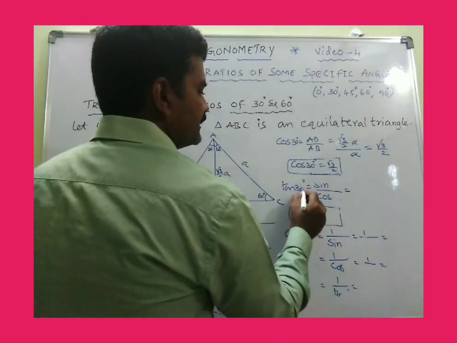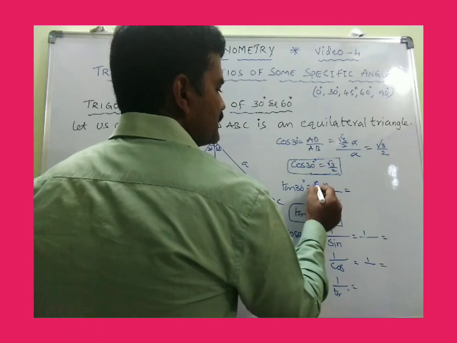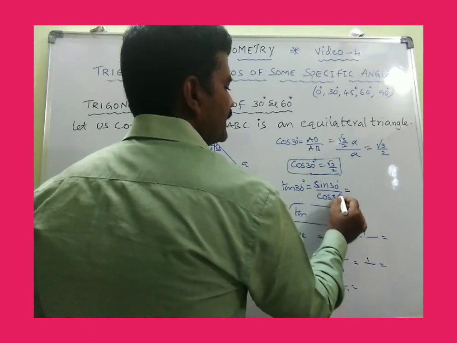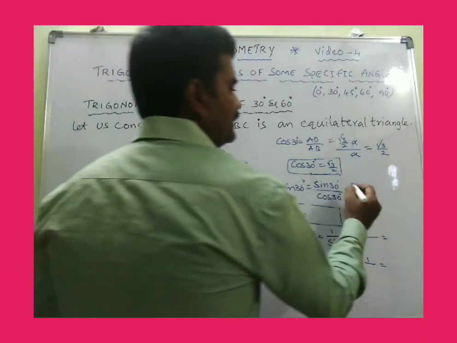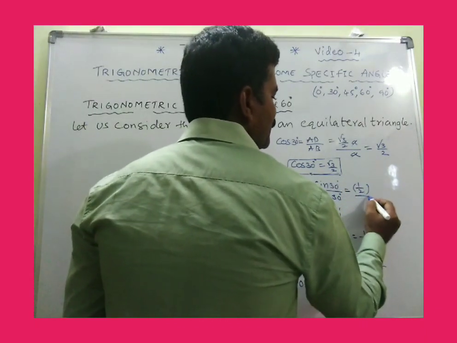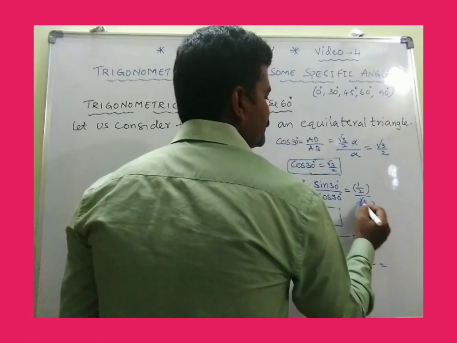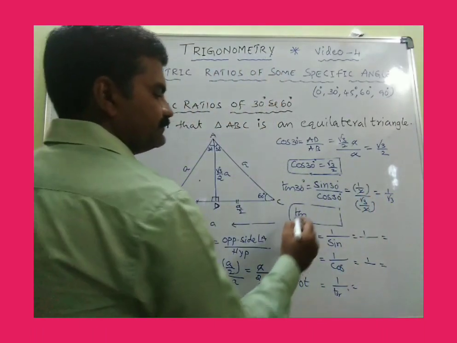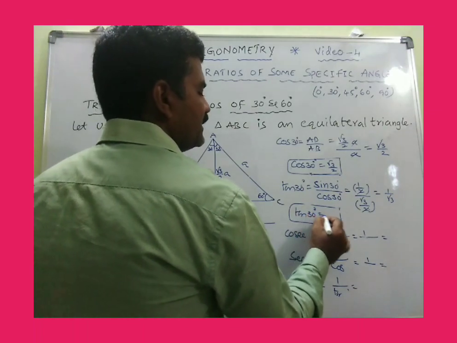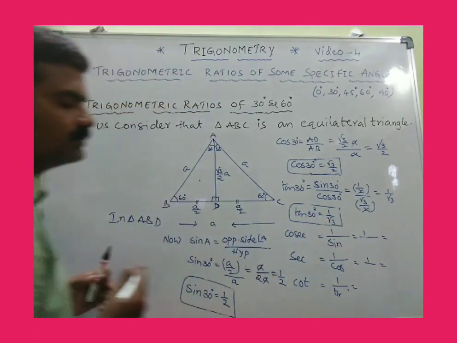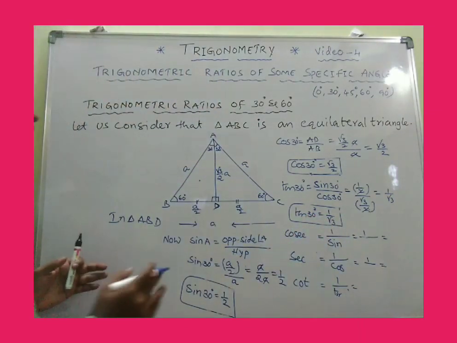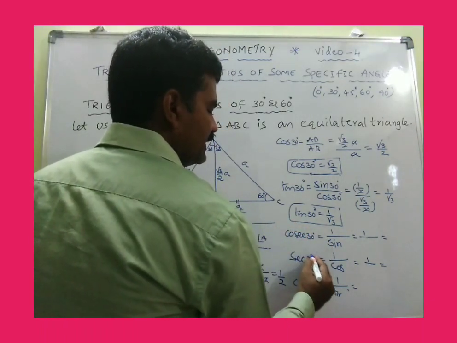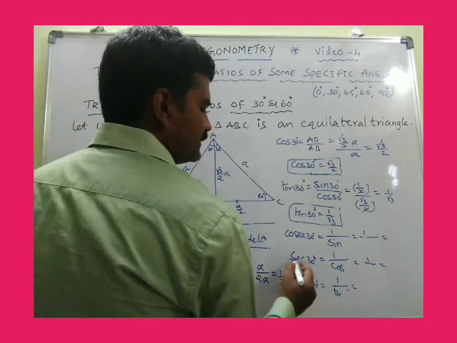Now tan 30 degrees, which is sin 30 degrees by cos 30 degrees. Sin 30 is 1 by 2, cos 30 is root 3 by 2. 2 gets cancelled, which is 1 by root 3. So tan 30 is equal to 1 by root 3. Now similarly I want cosecant 30, secant 30 and cot 30.